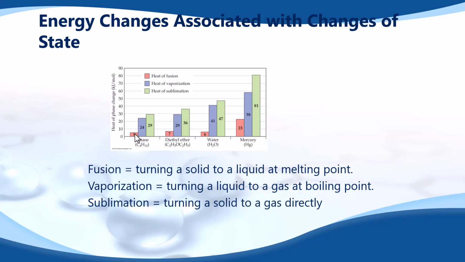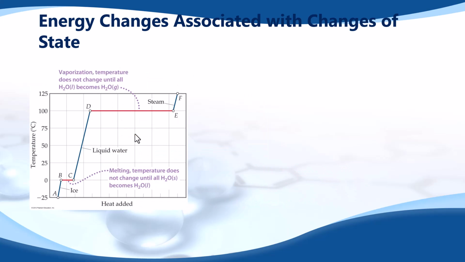Now, the next graph you're going to see is a graph that you might be familiar with from sophomore year. This is a heating curve, right? Heating curve shows what happens as you add heat versus temperature. The lines A to B, the line C to D, and the line E to F, those lines are occurring because you have only one state of matter.